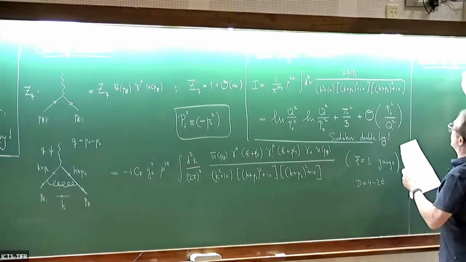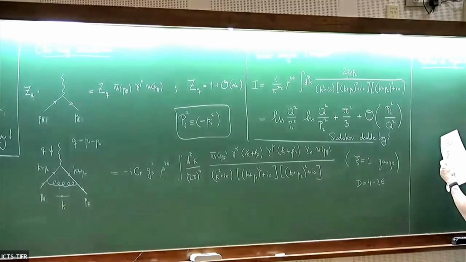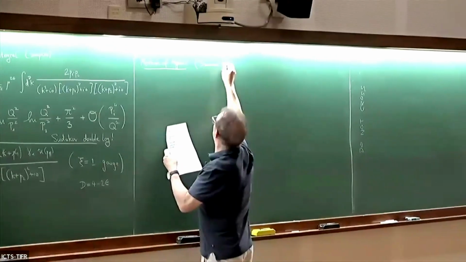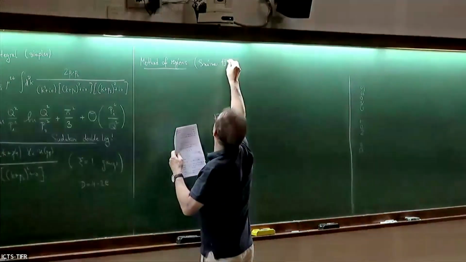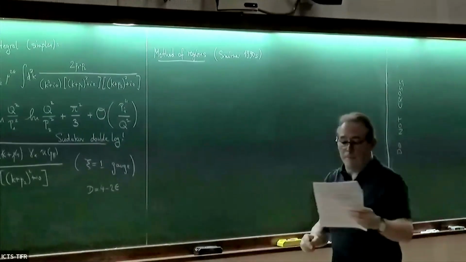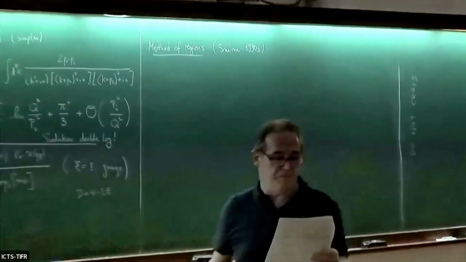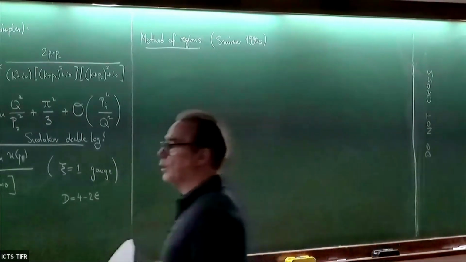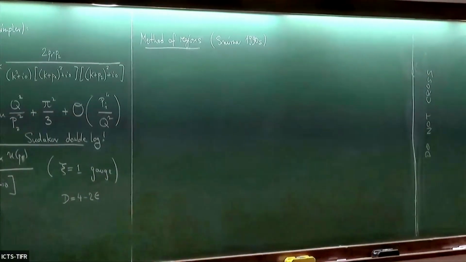The method of regions is a mathematical formalism developed by Smirnov in the 1990s to perform Taylor expansions of Feynman graphs. Basically, if you have a Feynman graph depending on more than one scale, such as this one, we have 2 scales, basically q square and p square.